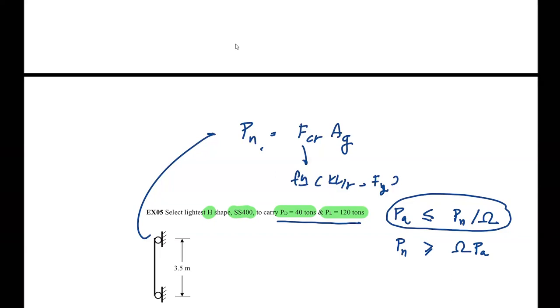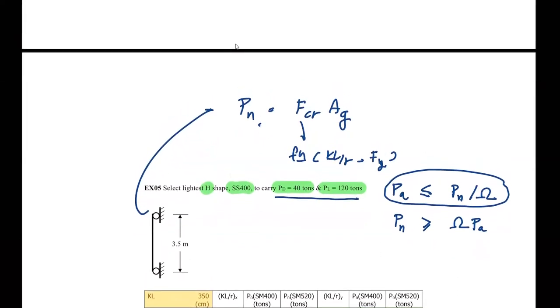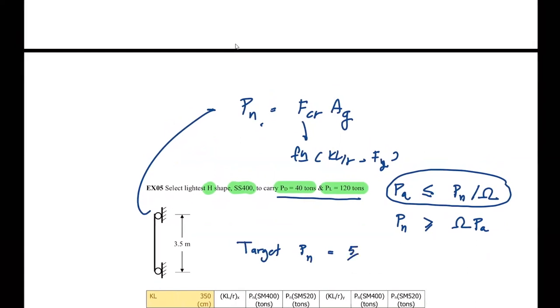Yes. You must understand that if you use ASD, the factor of safety, because it's a safety, should increase the load. So we know the load combination. The target P nominal will be equal to the factor of safety, which is 5/3, multiplied by the dead load plus live load.